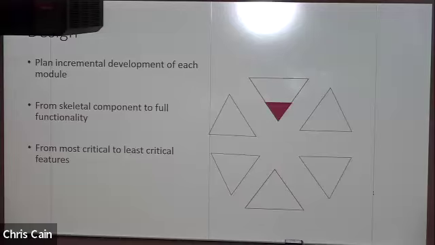But you're gonna start planning for incremental development of each module. So instead of just making every single triangle, you're gonna just implement the tip of the triangle and plan for that implementation. There's a lot more that goes there, but you don't need it all right now on the first pass. You just need the most critical components for testability, for usability, to get the most information that you can from the client with minimal work.